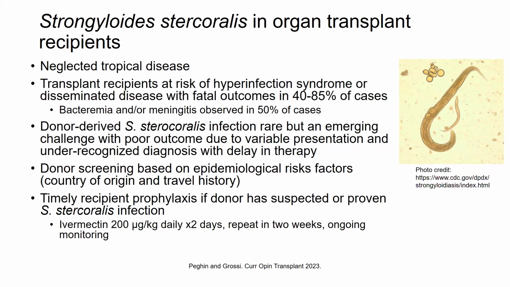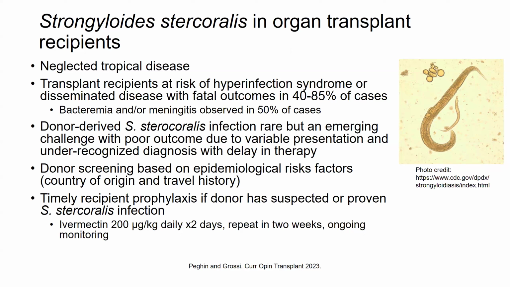Now, strongyloides is considered a neglected tropical disease. In the past, it was discussed in the context of reactivation in previously exposed recipients. But more recently, it's recognized that donor-derived infection might pose a much greater risk.